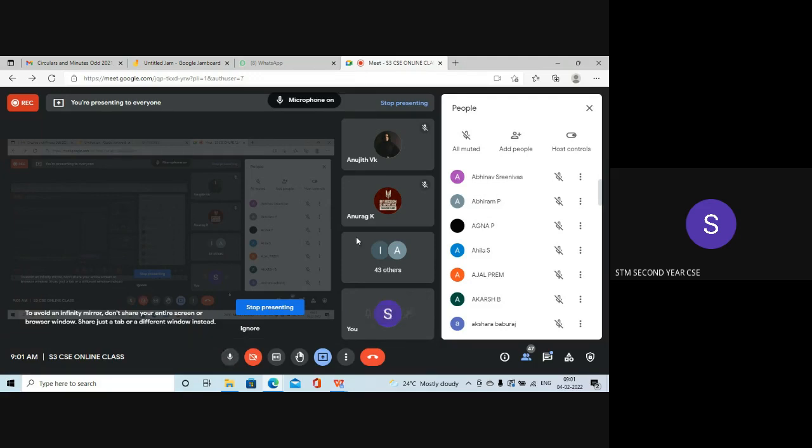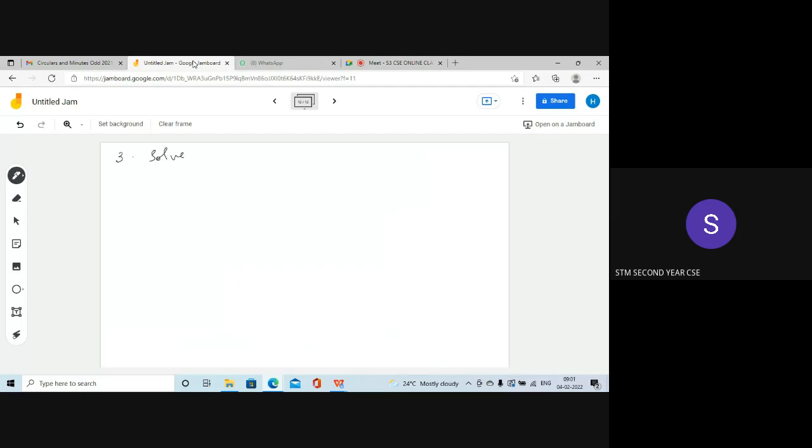Instead of F_n you can use any variable here. Depending on the question, you have to write that variable. If it is given a_n, you have to use a_n. If it is given f_n, write f_n.